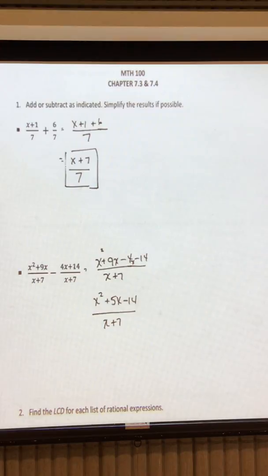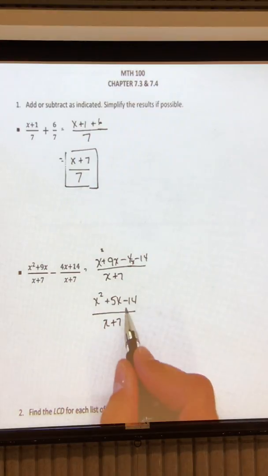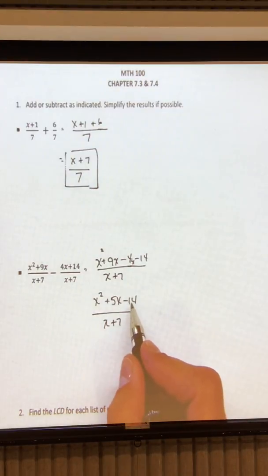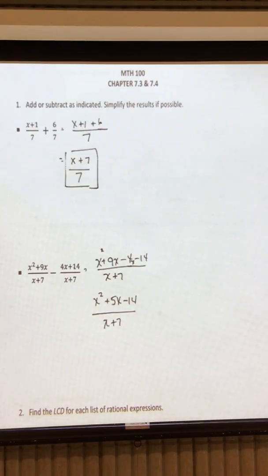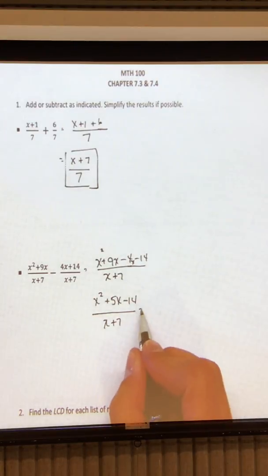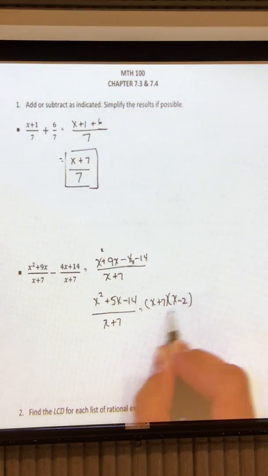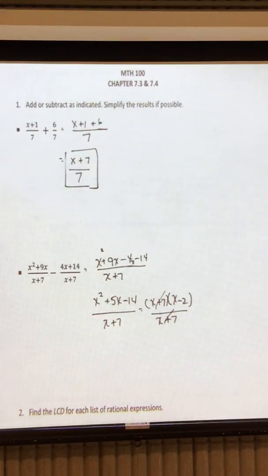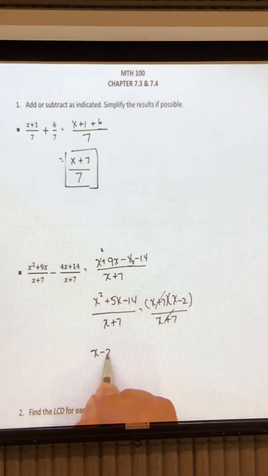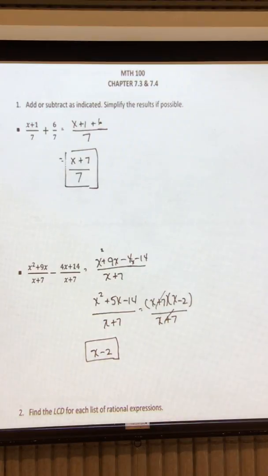So now we want to factor that numerator, which two numbers multiplied to negative 14 and added equals 5, and that is x plus 7 times x minus 2 over x plus 7. The x plus 7 cancels, and your final answer is x minus 2.